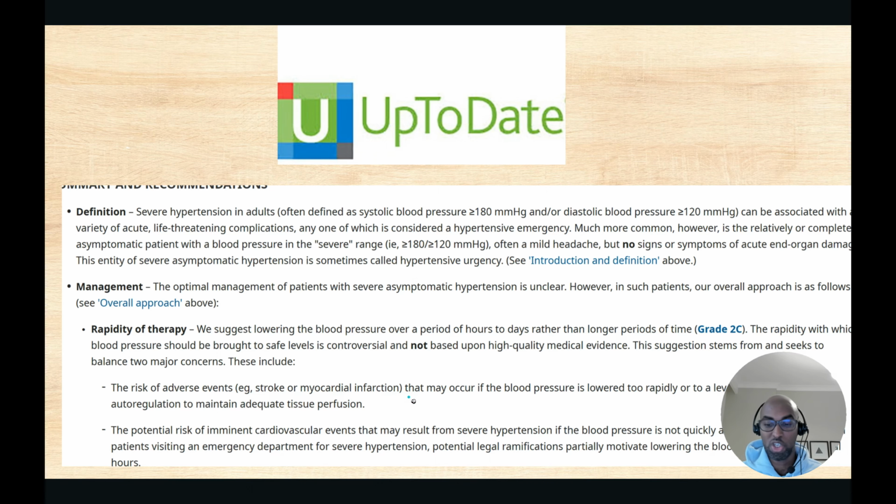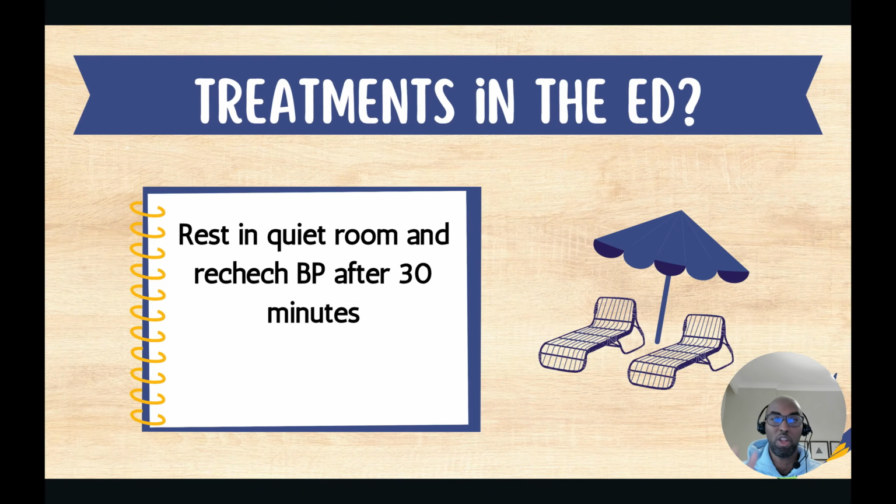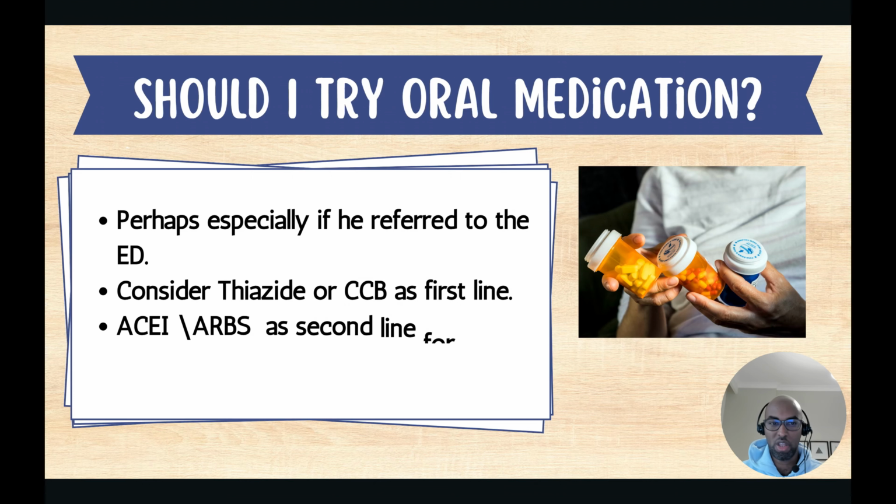So as we mentioned, you have to look for the end organ damage. What I'm doing in the ED basically is taking the patient to a quiet, dark room, addressing the pain, addressing the anxiety, and rechecking the blood pressure after 30 minutes. And really it helps the patient in this case.